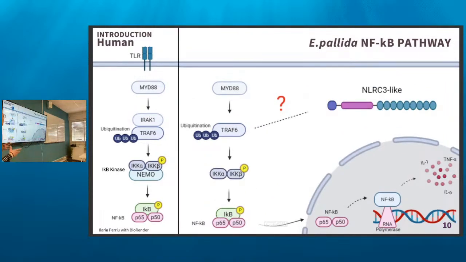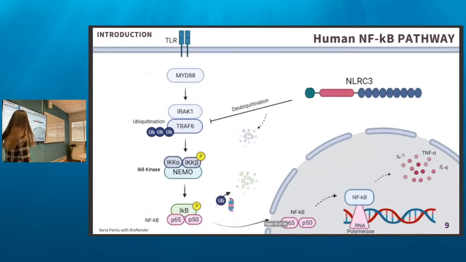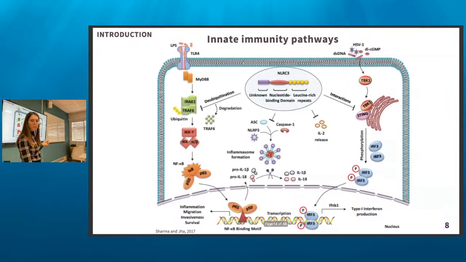When we compare this to Exaiptasia pallida, we know that there are certain members, such as TLR and the NEMO complex, that are not present in Exaiptasia. And also, we don't know the function of NLRC3-like, which in humans deubiquitinates a member of the pathway, and this deubiquitination leads to the inhibition of this pathway.